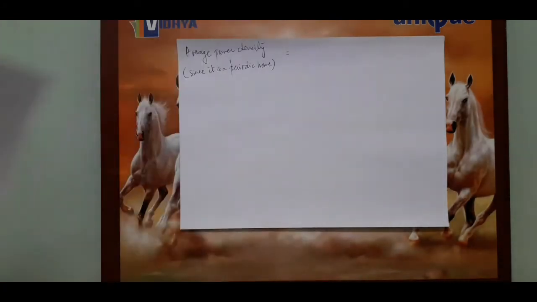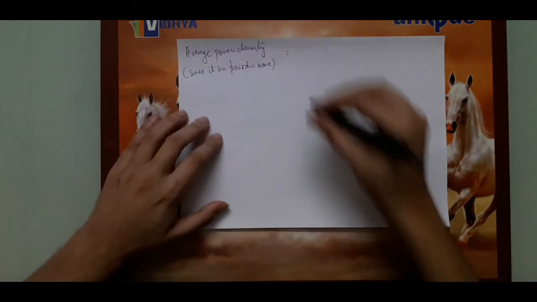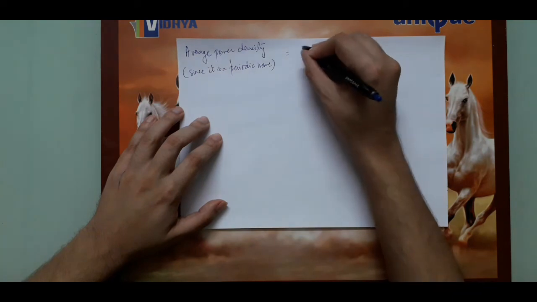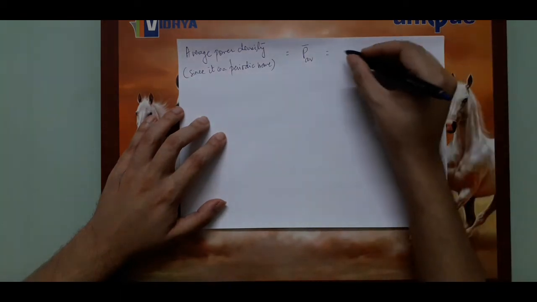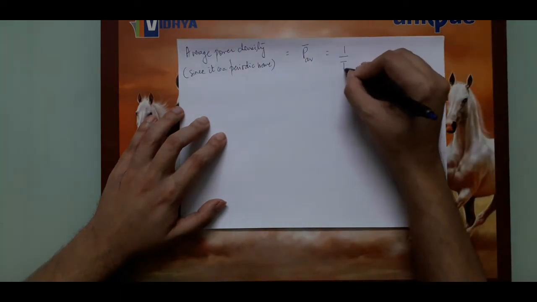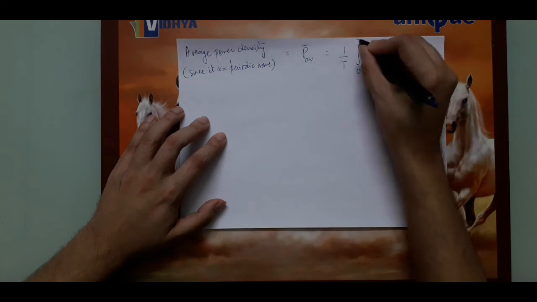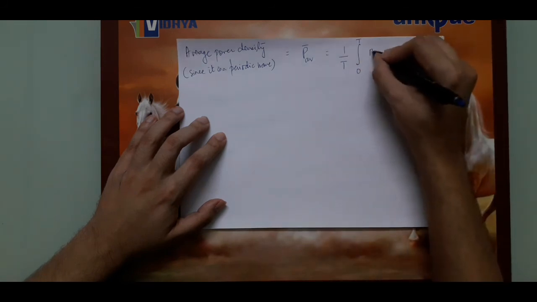So I can define the average power density or the average Poynting vector P average, that is nothing but, as per definition, an integral over one time period of the Poynting vector.